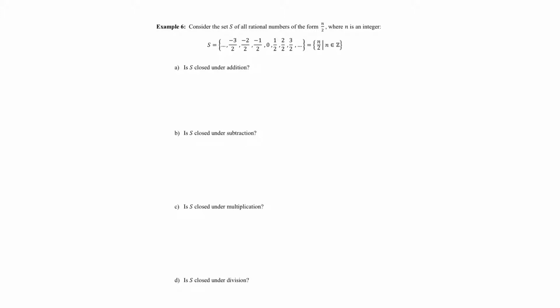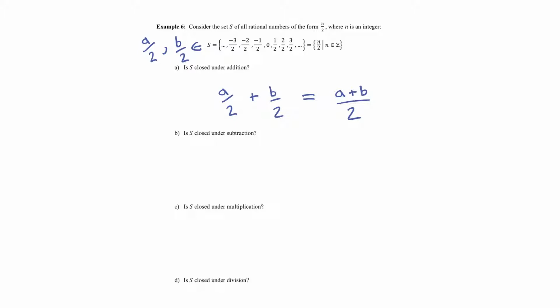So I'll dig my hand in the set. I'll pull out an a divided by 2 and a b divided by 2. This represents anything in my set S, and I'll try to add these numbers together. A over 2 plus b over 2. So when we add a over 2 and b over 2, that's the same as a plus b over 2.